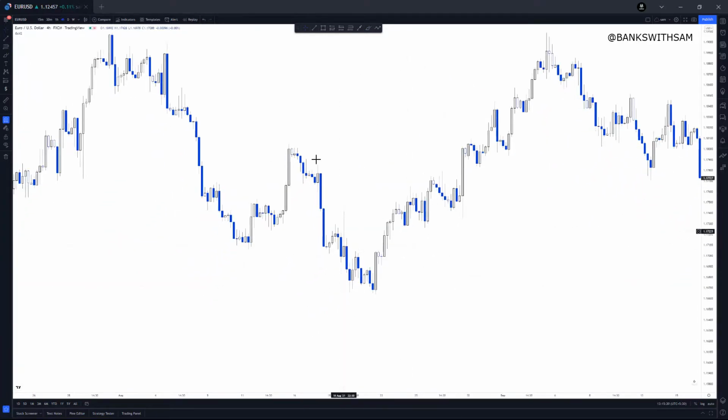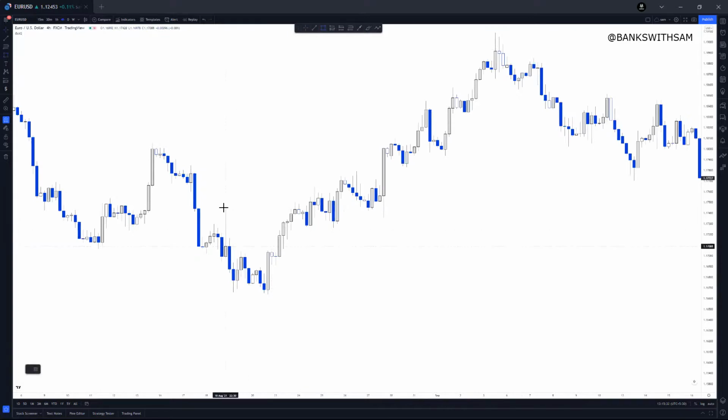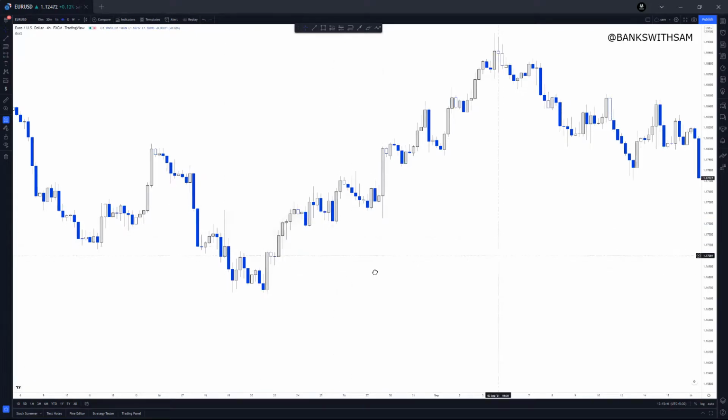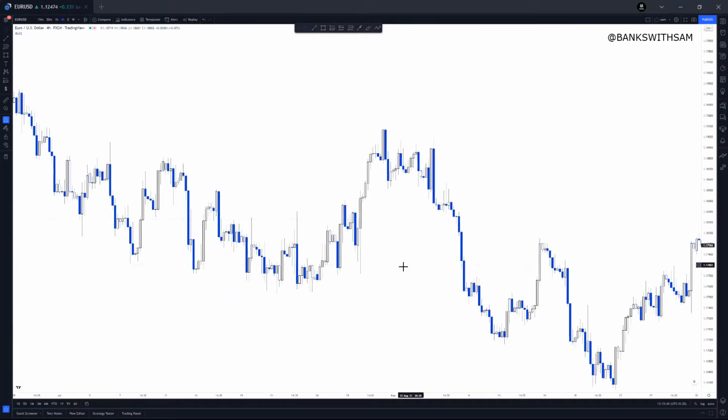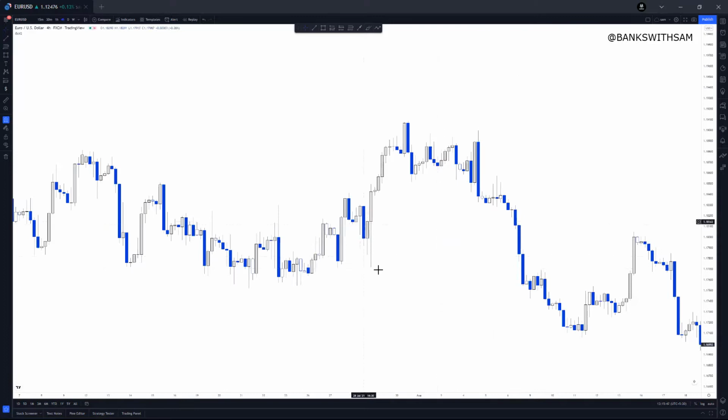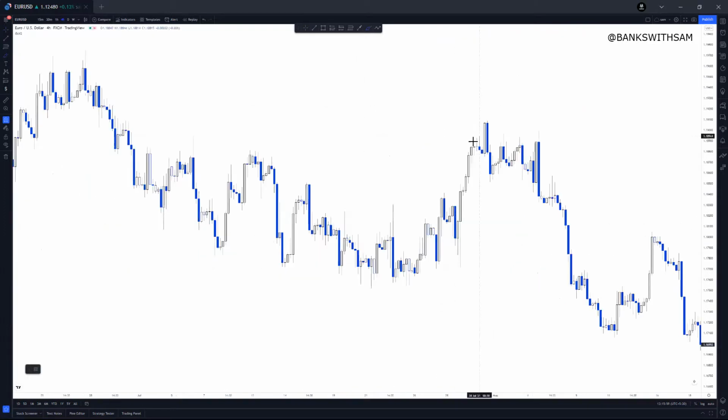Now this was a good point, but in this case price never held that. It's not like 100% that price will hold the supply or demand. It's just the probability. In this case this was also the demand, but maybe something was here which caused this.